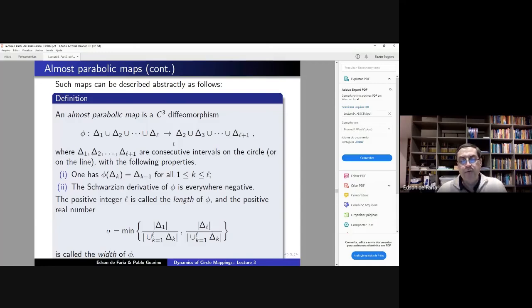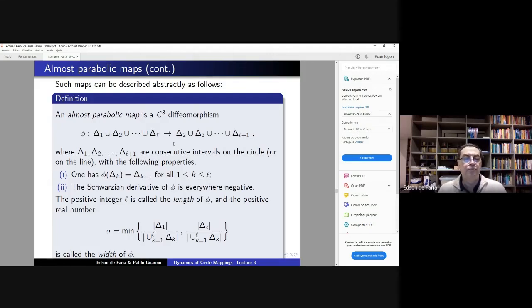And if you look at the ratio of the two outermost intervals, delta sub 1 and delta sub L, in the domain, and you take the ratio of these two to the big interval, the minimum of these two ratios is a constant sigma that we call the width of phi. Okay, so an almost parabolic map has these two numbers associated with it.